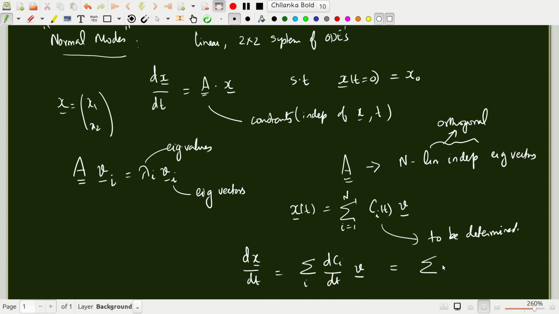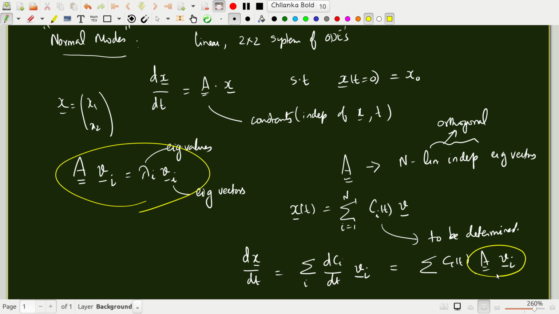Instead of x I'm going to write the summation of c_i(t) A v_i. I have to be careful with the indices. But A v_i is nothing but lambda_i v_i, right? So I can use this to replace this as lambda_i v_i. So let's go to the next page.